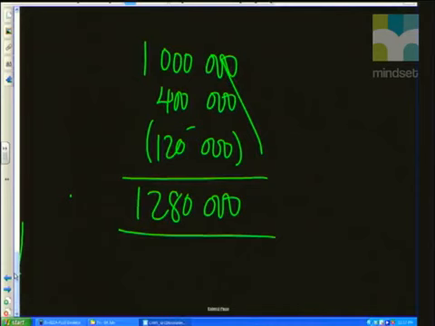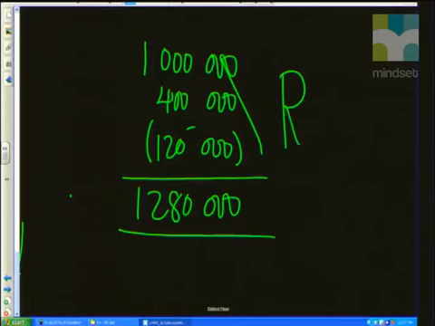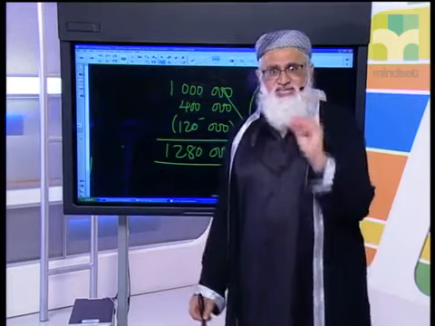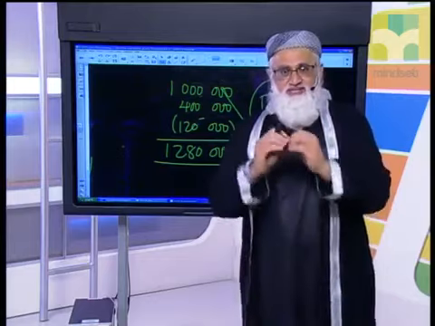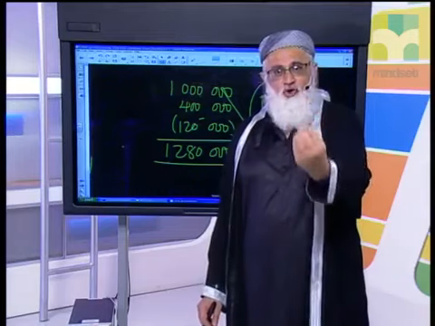So you take your 8,960,000 divided by 1,280,000, and it gives you, voila, a value of 7 Rand. What is the 7 Rand? Grade 12s, the 7 Rand is the average price of your shares. I repeat, the average price of your shares.